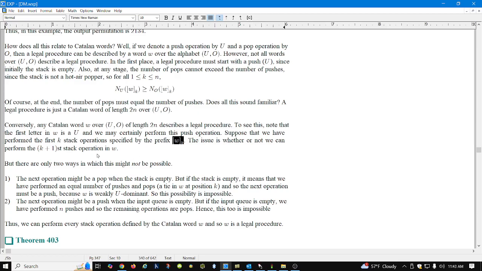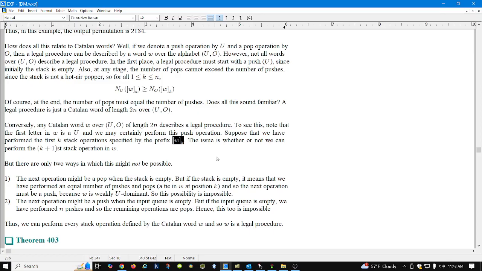Well, there are only 2 ways in which we might not be able to do the K plus first operation. The first possibility is that the next operation might be a pop, but the stack is empty, so there's nothing to pop.